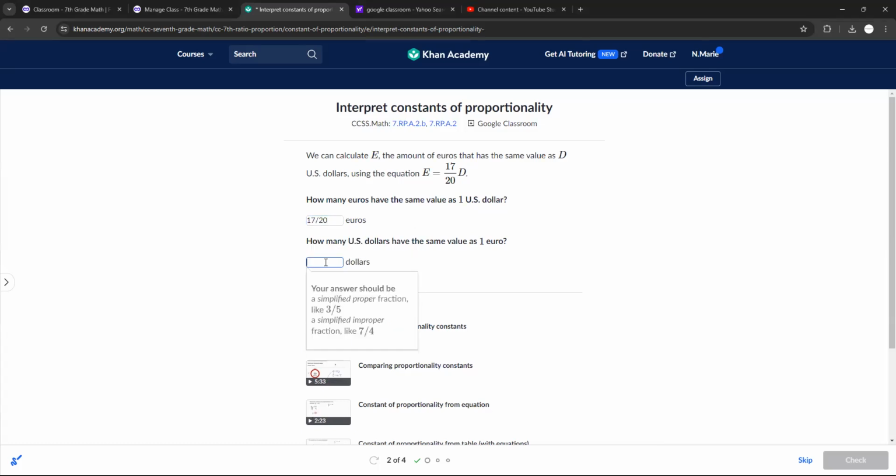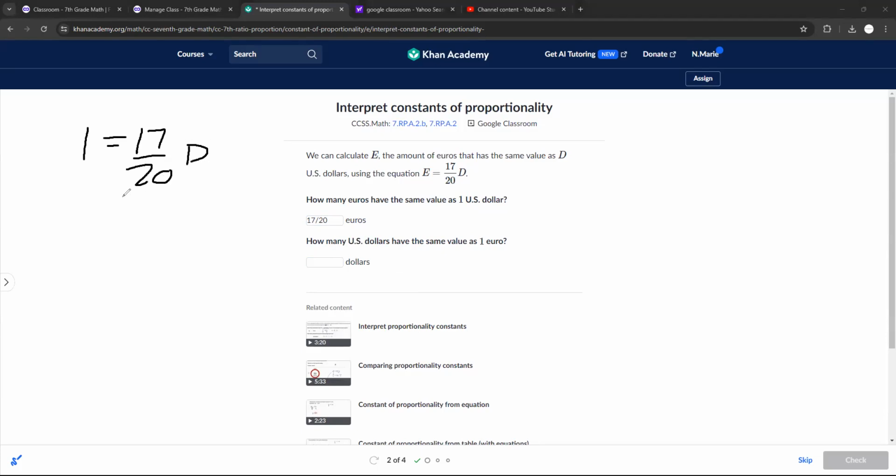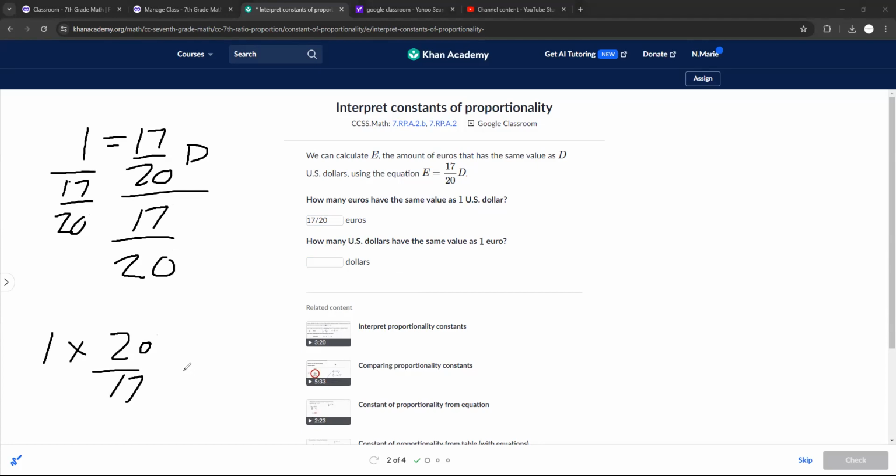And how many US dollars have the same value as 1 euro? And so 1 euro, so we'd have to put in a 1 for E and solve for D. And so you would divide both sides by 17/20ths. So what's 1 divided by 17/20ths? Well, rules of fractions, take the second fraction, flip it, and multiply.